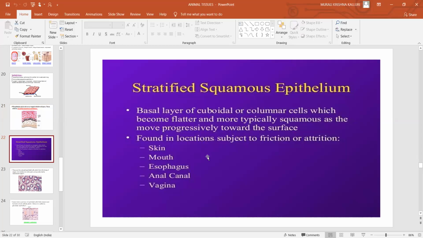It is found in skin, mouth, esophagus, anal canal, and vagina. The stratified squamous epithelium is found in these parts.